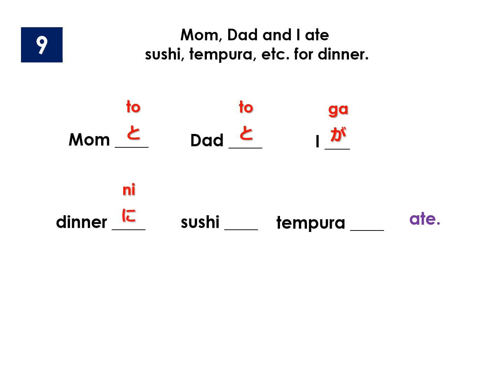Dinner takes the particle ni, as the specific time of the action. Now, since there were other foods besides those mentioned that the three of us ate, then sushi takes the partial listing particle ya. And tempura, the last food mentioned, takes the direct object particle wo. Ate what? Sushi and tempura, among other things.